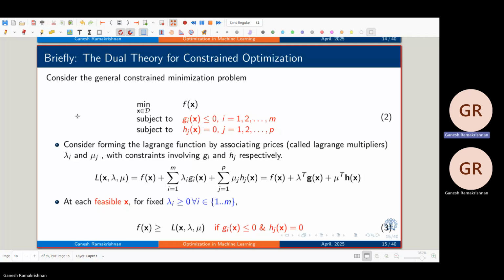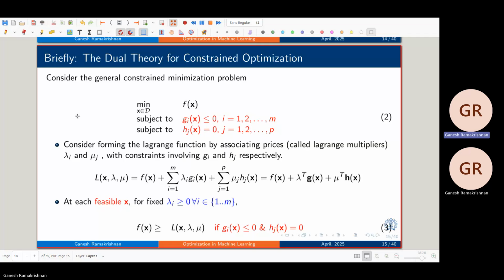What was my argument for a single g1? If I am able to reduce g1, then that should result in an increase in f if I'm on the boundary. The optimal point is on the boundary. That's how I came up with this equation. How would it change when I have multiple g_i? Just the same intuition, multiple g_i.